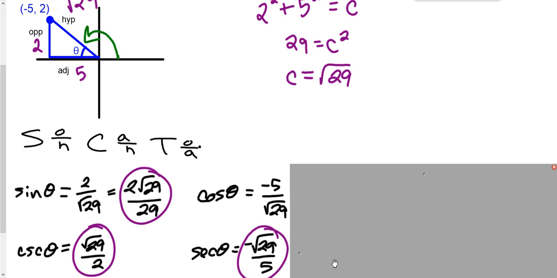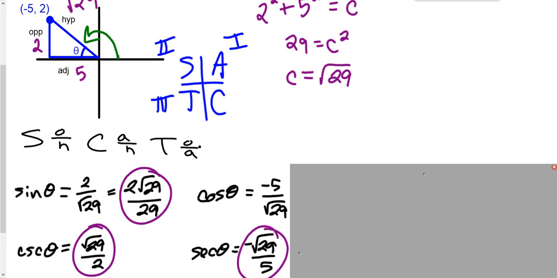But notice, it's negative. And the reason it's negative is because of our saying, all students take calculus. That tells us that every trig ratio in the first quadrant is positive. In the second quadrant, only sine is positive. In the third, tan is positive, and in the fourth, cosine is positive.